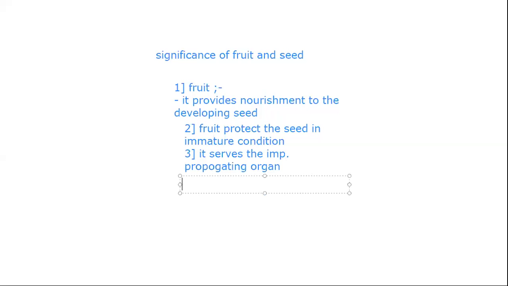Dispersal devices, meaning dispersion carried out by various agencies. Wind dispersion is there, insect dispersion is there. So they can be dispersed by various devices. Seeds can naturally go from one place to another. But farmers take the production and thresh the plant, collect all the seeds and keep them for the next crop. So that is storage of the seeds. Dispersal naturally, storage artificially. Okay, so these are the significance of fruit.